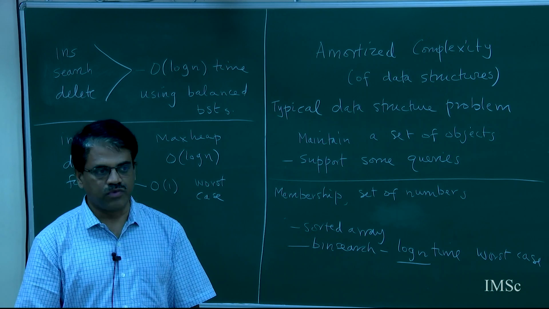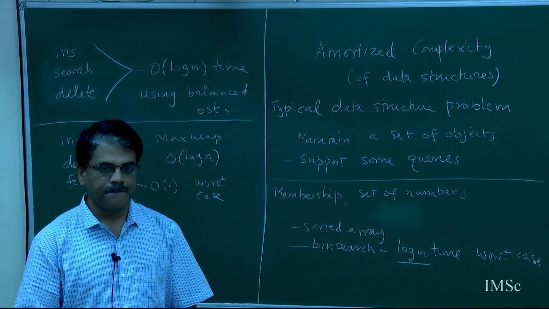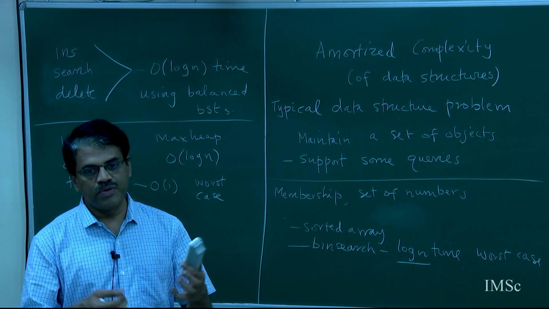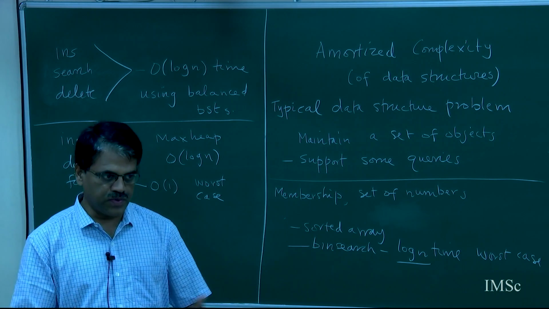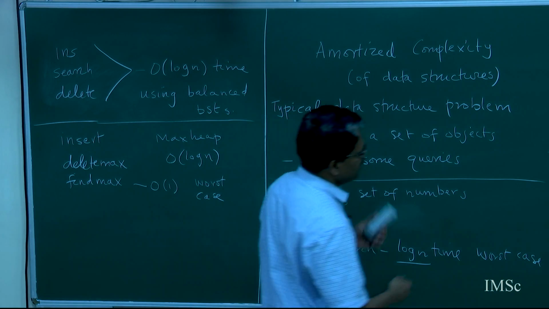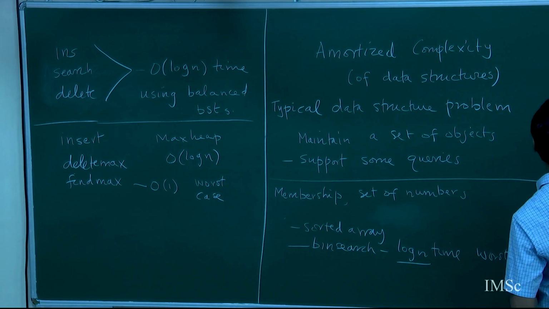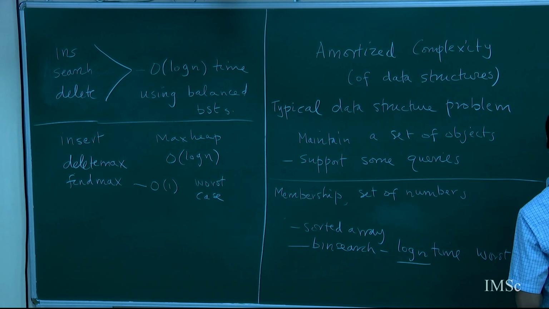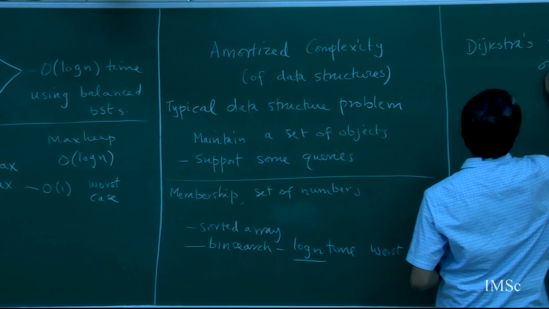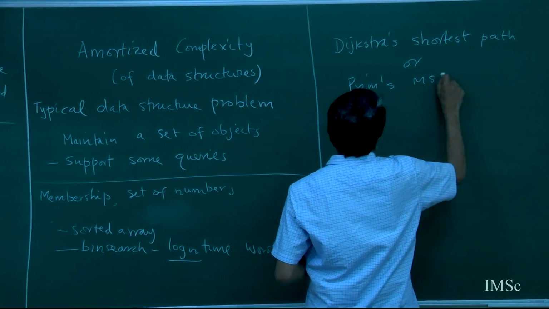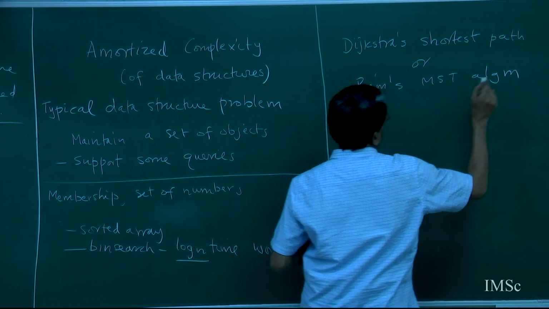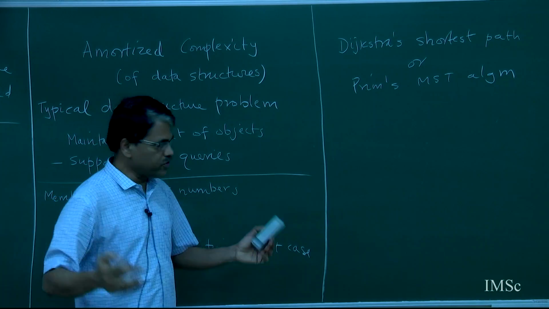Anybody remembers the problem? For example, Prim's minimum spanning tree algorithm, or Dijkstra's shortest path algorithm, typically heap is applied. So I'll just quickly mention Prim's minimum spanning tree algorithm. Again, if you have forgotten them, you should just go refresh your memory on this.